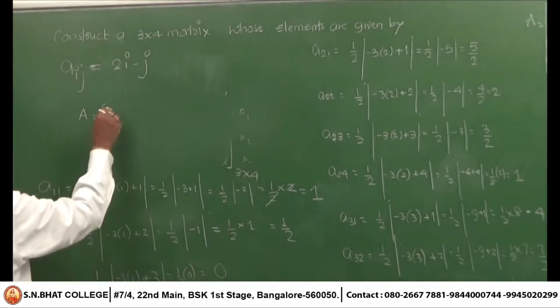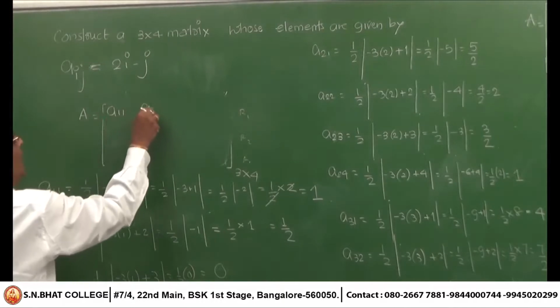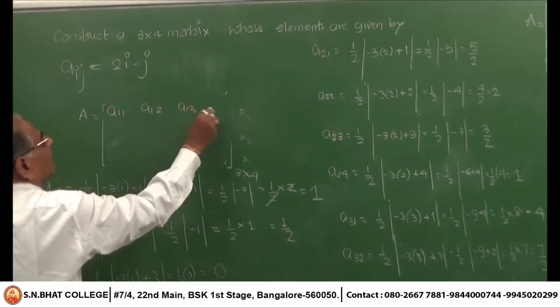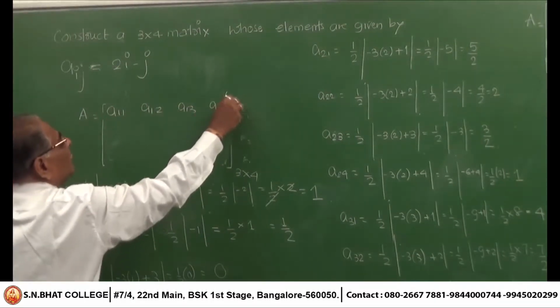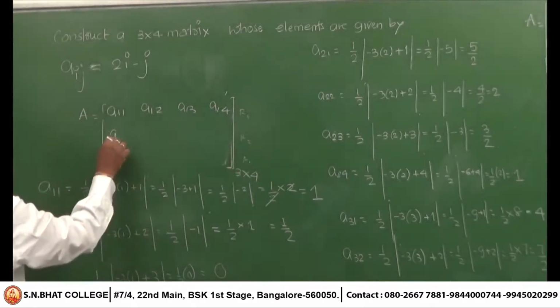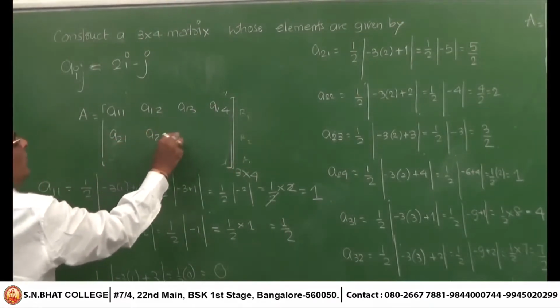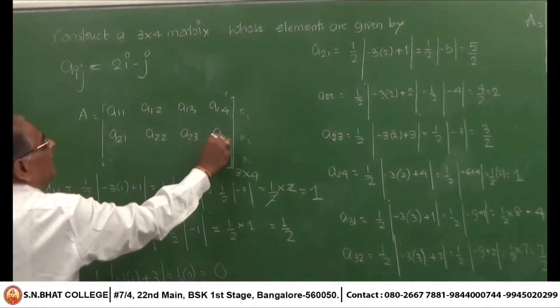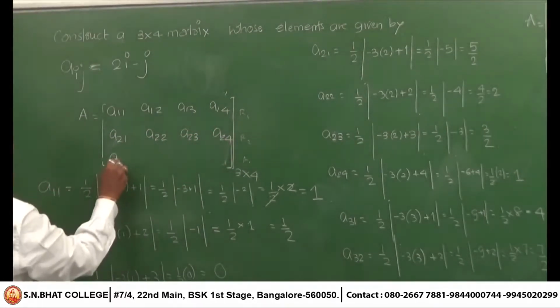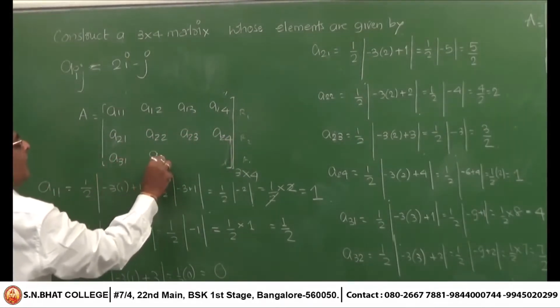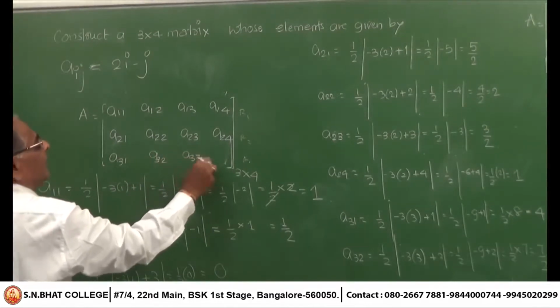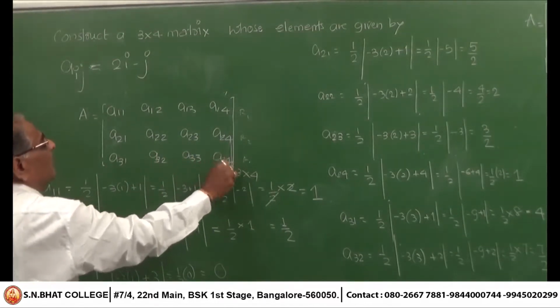The 3 cross 4 matrix is A11, A12, A13, A14, A21, A22, A23, A24, A31, A32, A33, A34.